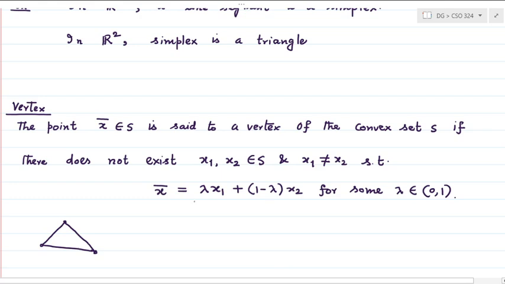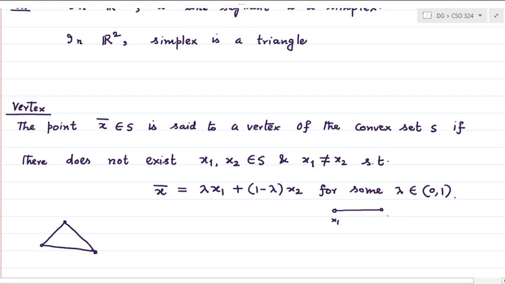That means x bar is contained strictly inside the line segment joining x1 and x2. By strictly inside I mean you have to exclude the end points, because you are not considering lambda as 0, and also not lambda as 1. Fine. So x1 and x2 obviously have to be different from x bar, and x bar has to lie strictly inside the line segment joining the points x1 and x2.